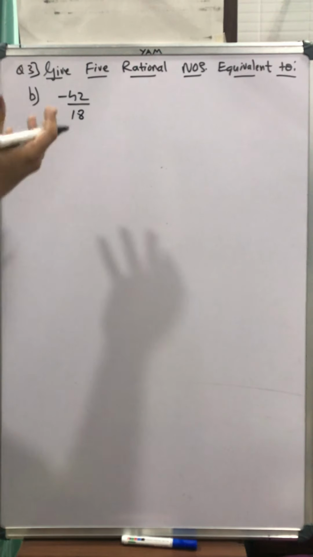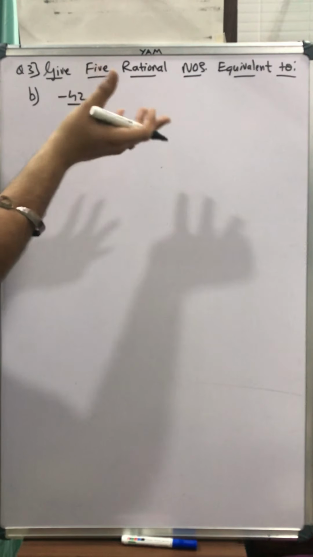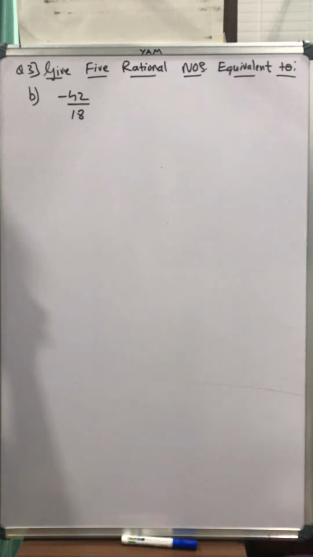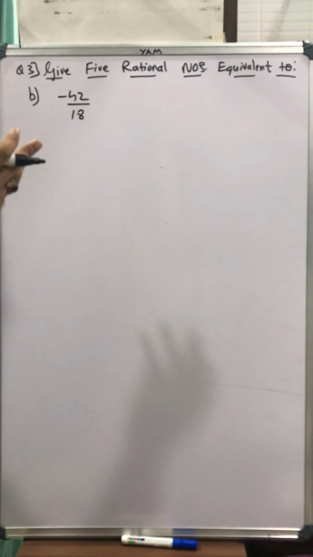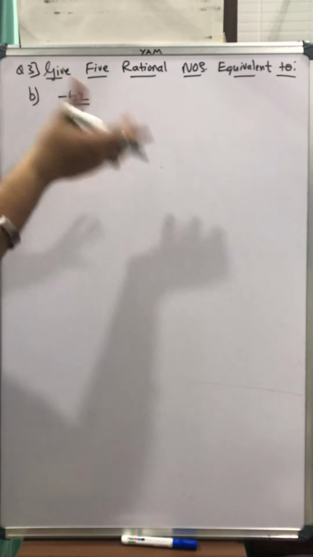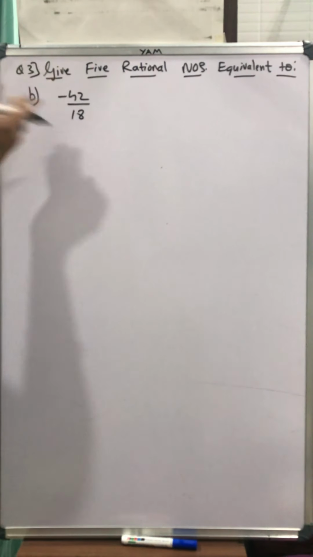So we have to write 5 more rational numbers which are equivalent to this minus 42 upon 18. Believe me, students, you can write hundreds of rational numbers which are equivalent to this given rational number.